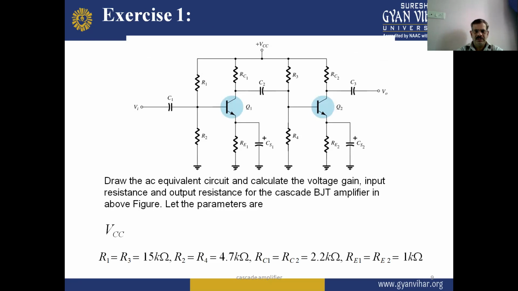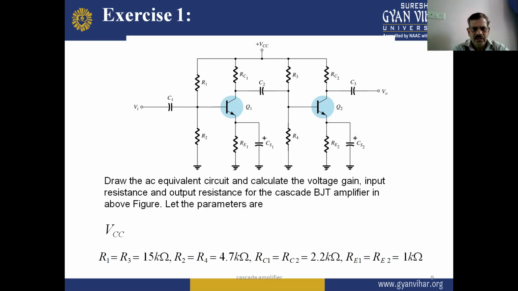So here in this circuit diagram, this is the two-stage coupled amplifier, and coupling is done by the capacitor. Draw the AC equivalent circuit and calculate the voltage gain, input resistance and output resistance for the cascade BJT amplifier in the given figure.